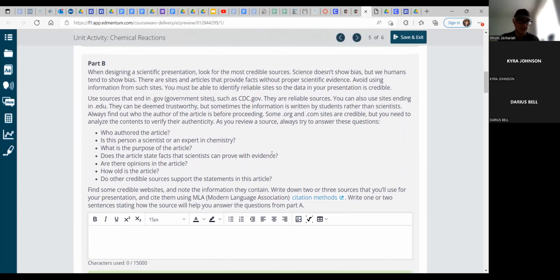Part B is focusing on sources and what makes things credible. And ideally, science shouldn't show bias, but humans, we have our little human brains, and a lot of the time we are biased in our views. So the nice thing about science is you have groups of people discussing a topic.